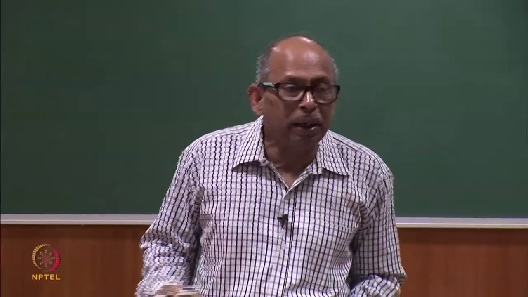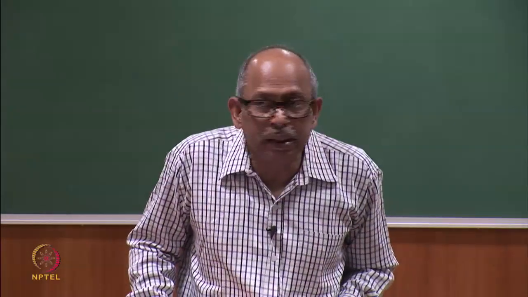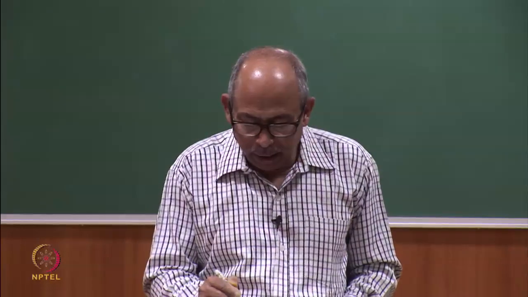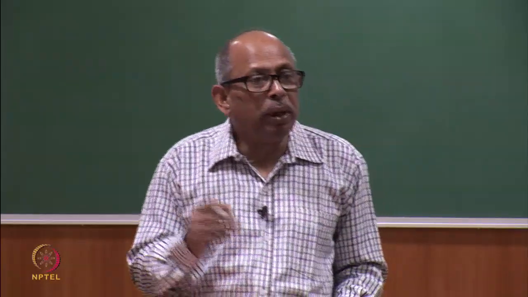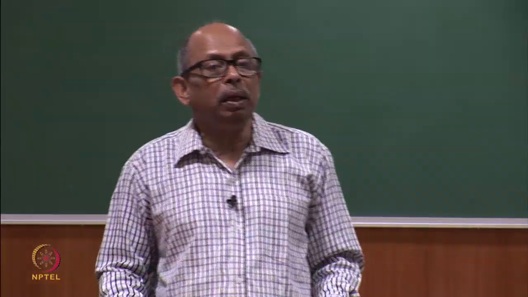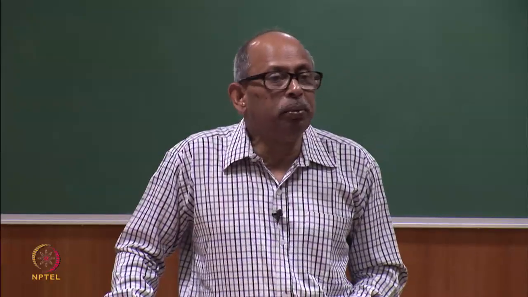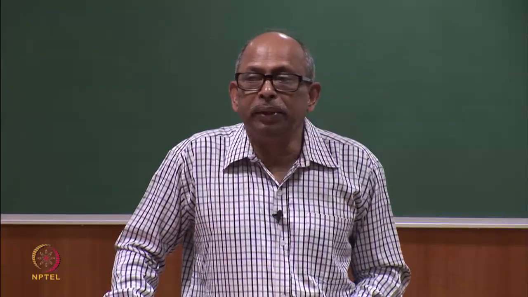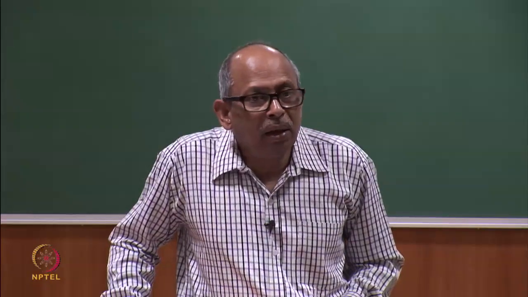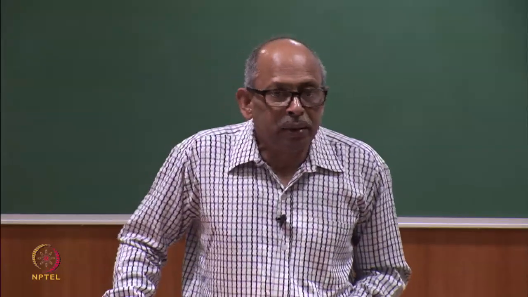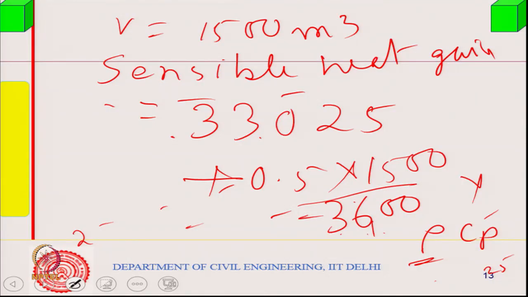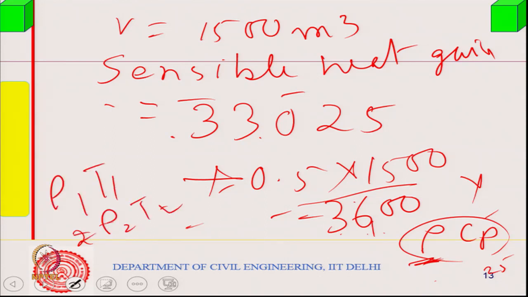So it is coming at 28 degrees, and the heat it brings is relative to the air going out at 21, because room temperature is 21. So the density difference, rho Cp difference between these two temperatures, I must calculate, and rho is given by rho 1 T1 equals rho 2 T2.